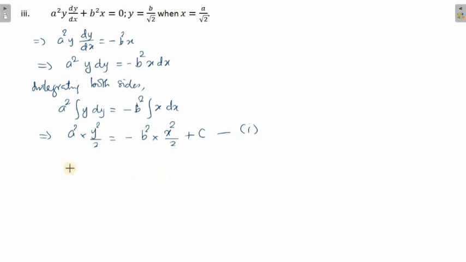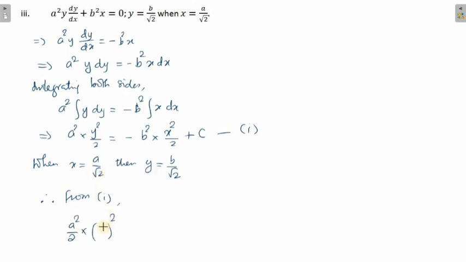Now when x is a by root 2, it is given that y is b by root 2, isn't it? So therefore from 1 we get a squared by 2 into y squared.